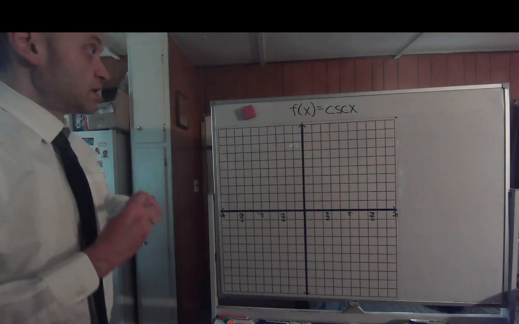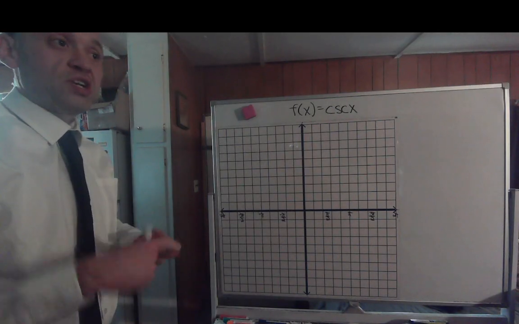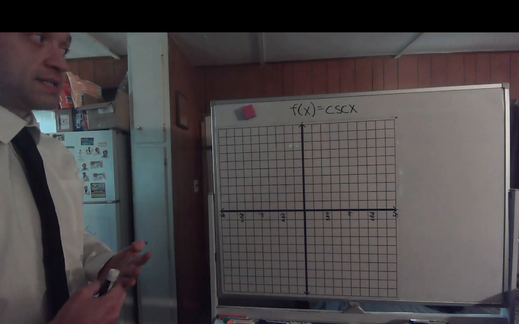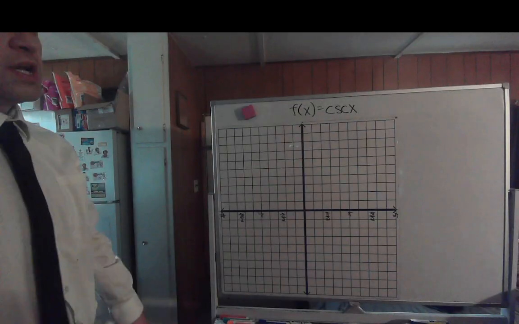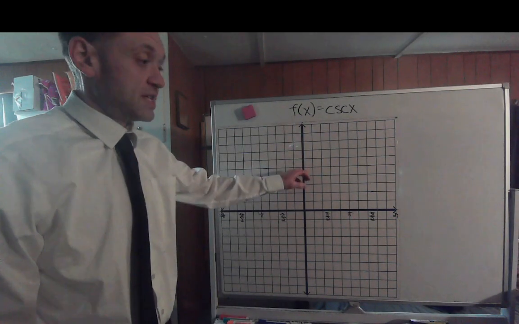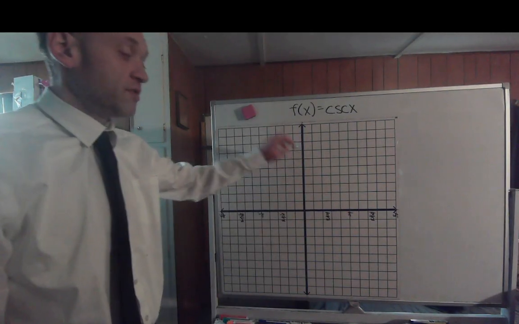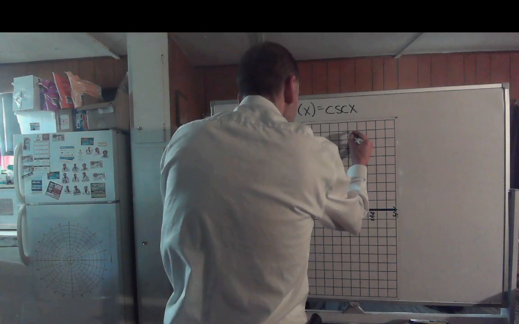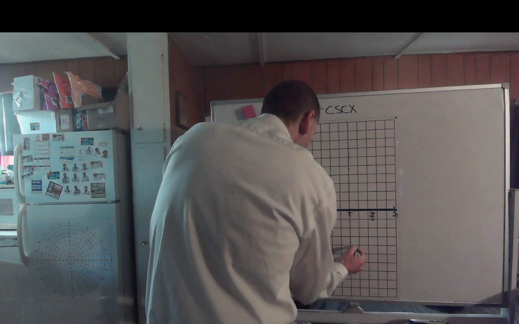Alright, so as you know, for tangent, cotangent, secant, and cosecant, you're going to have multiple vertical asymptotes. So we know x equals 0, of course, is a vertical asymptote. That's one of them, but why don't we pick something else? The next one, of course, is at x equals pi. In fact, any integer multiple of pi is going to produce a vertical asymptote.